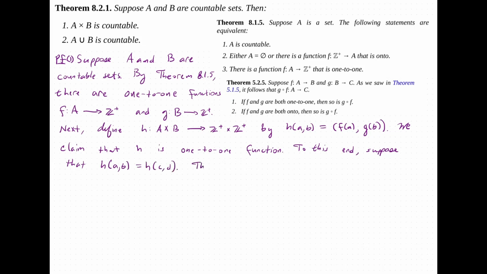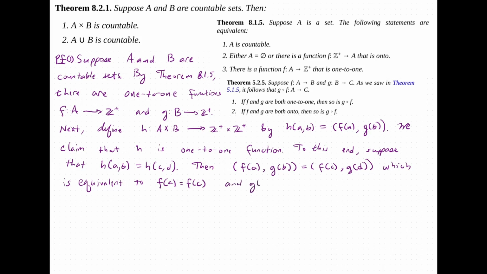Then we have, by definition of h, that (f of a, g of b) is equal to (f of c, g of d), which is equivalent to f of a equals f of c and g of b equals g of d.